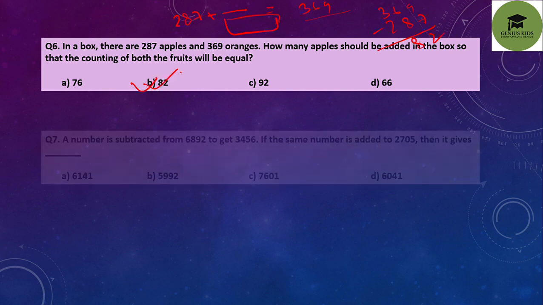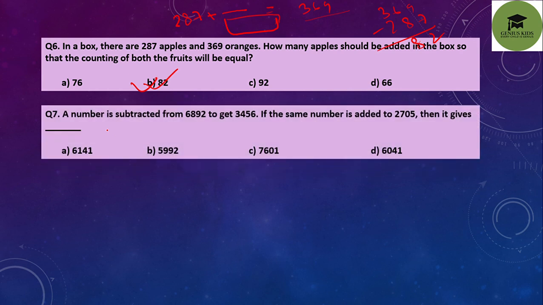Okay. A number is subtracted from 6892 to get 3456. So we can write this way: 6892 minus something will give you 3456. If the same number is added to 2705, then it gives what number? So we need to find out that number. If we find out this particular number, what we need to do?